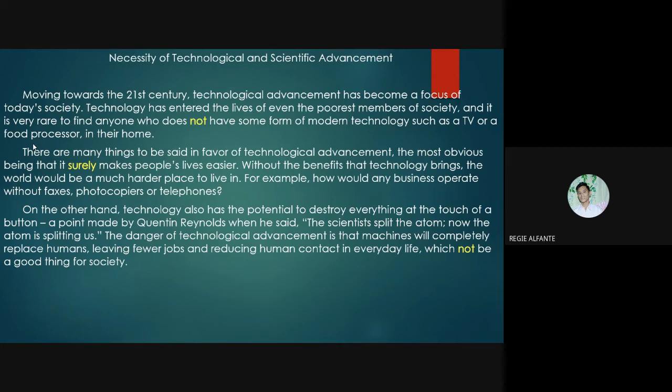A point made by Quentin Reynolds when he said the scientists split the atom, now the atom is splitting us. The danger of technological advancement is that machines will completely replace humans, leaving fewer jobs and reducing human contact in everyday life, which is not a good thing for society. So "not" negates that technology is always good for society.